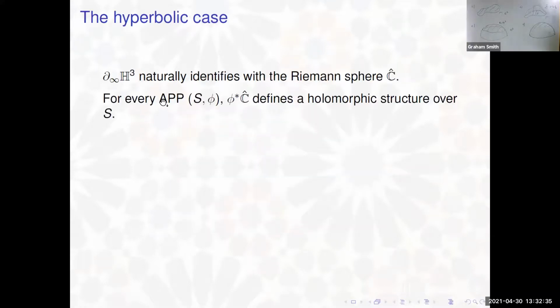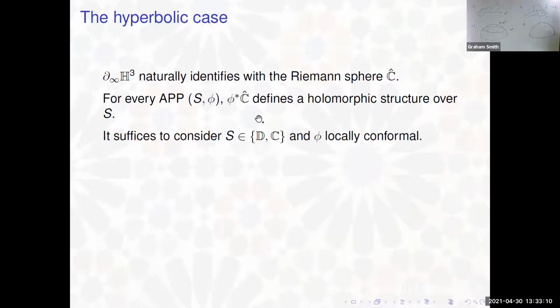Now, what that means is, if I have an asymptotic Plateau problem, I can pull back the holomorphic structure of the image, and that gives me a holomorphic structure over my initial surface. And what that means is I can consider phi as a holomorphic map, sending my surface into C hat. And because phi is a local homeomorphism, that means it's never singular. So it's actually a locally conformal function from a Riemann surface into the Riemann sphere.